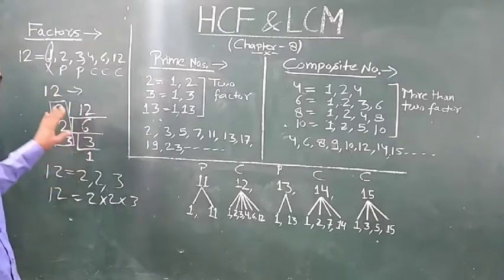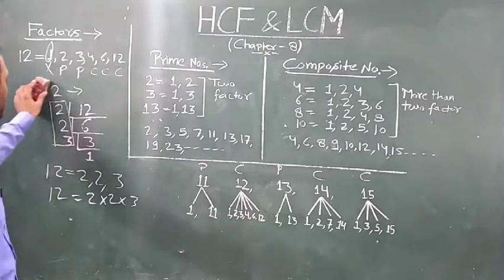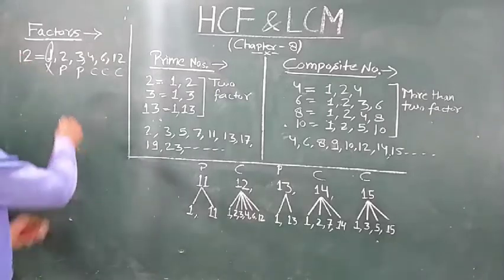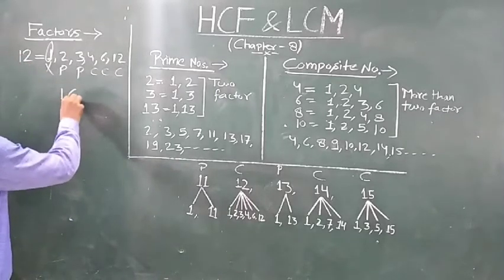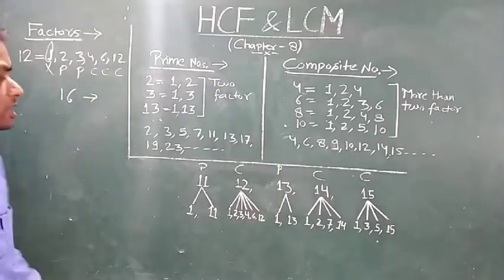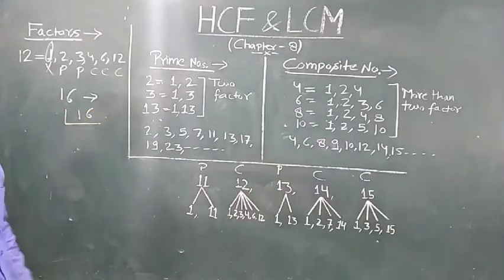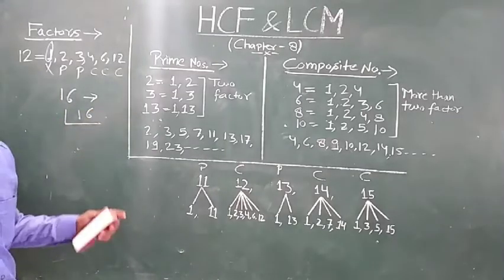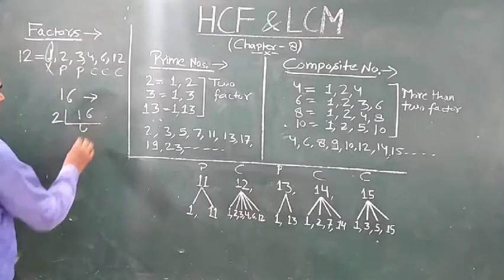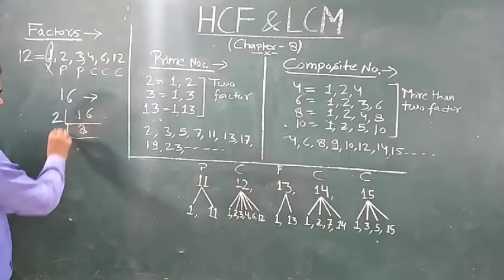Now I am doing one more example so that you will understand better. Suppose I am taking the 16. We have to find out the prime factors of 16. So again you will write 16 like this and you will divide it by the smallest number, that is the 2. 2 8s are 16.